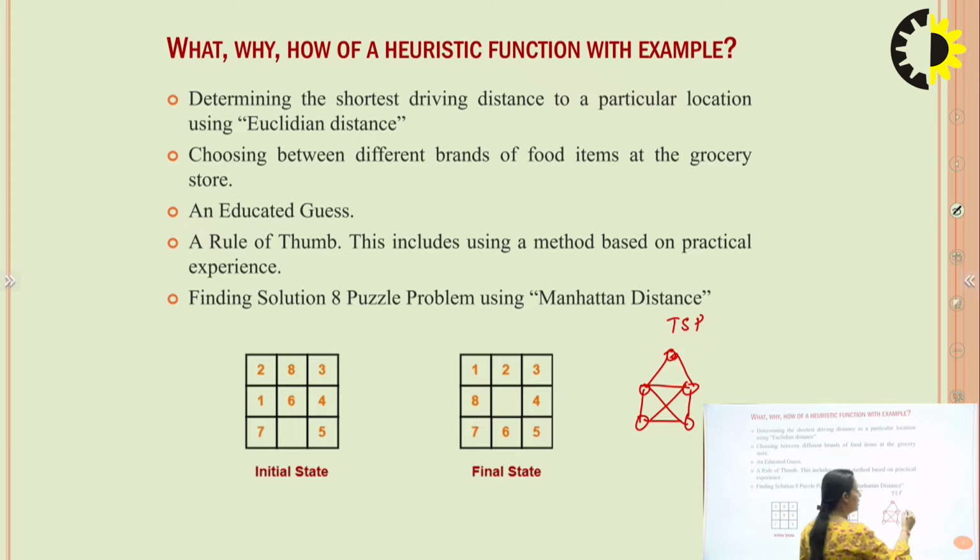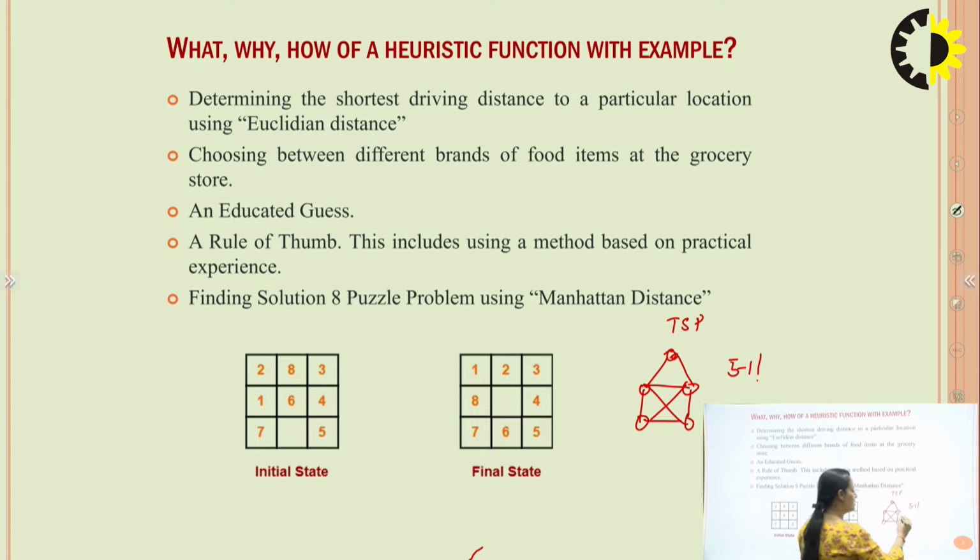In that case, it will give at least n minus 1 possibilities, where n is the number of cities, or you can say search spaces. If the number of states is increased up to 10, up to 100, up to 200, you can assume that the number of search spaces increases. That means the complexity of the problem increases.